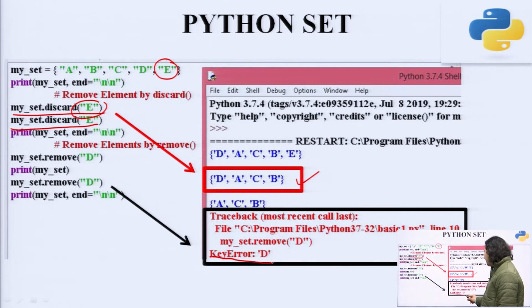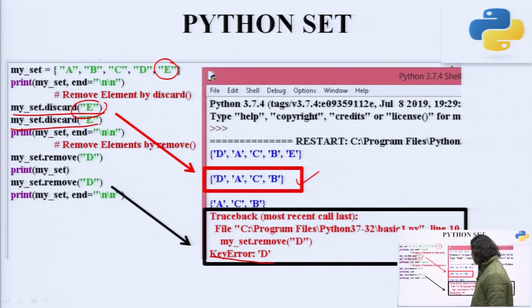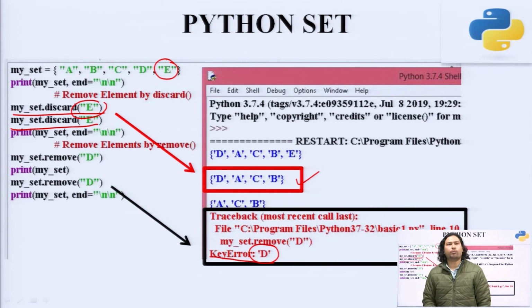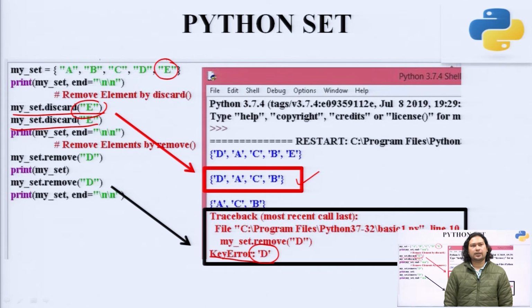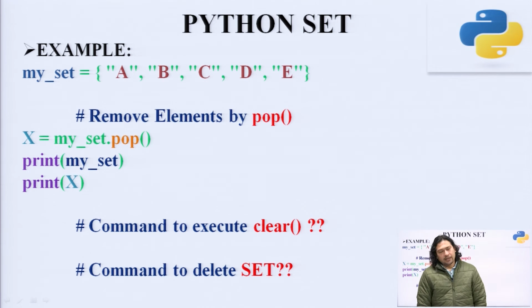It is alarming, because right now the D element is not available. Since the D element is not available, it is directly saying that this D element is missing and I cannot perform the operation. So, this is the basic difference between remove and discard. The remove is used to alarm you if missing data is encountered.